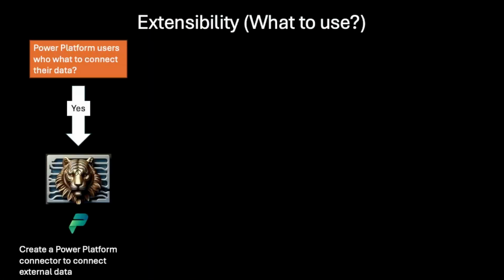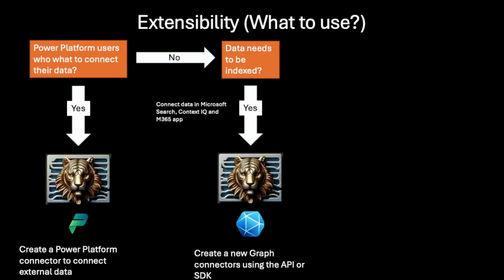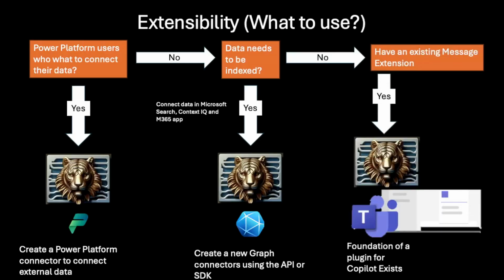All right, when it comes to extensibility, let's talk about what to use. If you're a Power Platform user who wants to connect to your data, great. All you have to do is create a Power Platform connector and connect it to your external data. If you're not a Power Platform user and data needs to be indexed, and you need to connect to data in Microsoft Search or Context IQ for Dynamics or any M365 apps, you do need to create a new connector using APIs or the SDK.